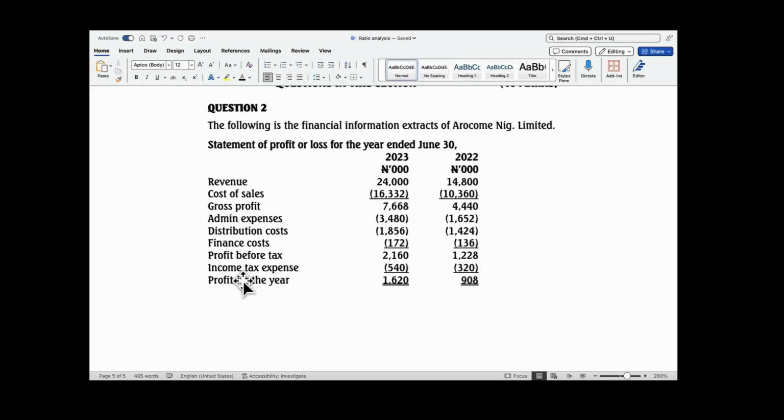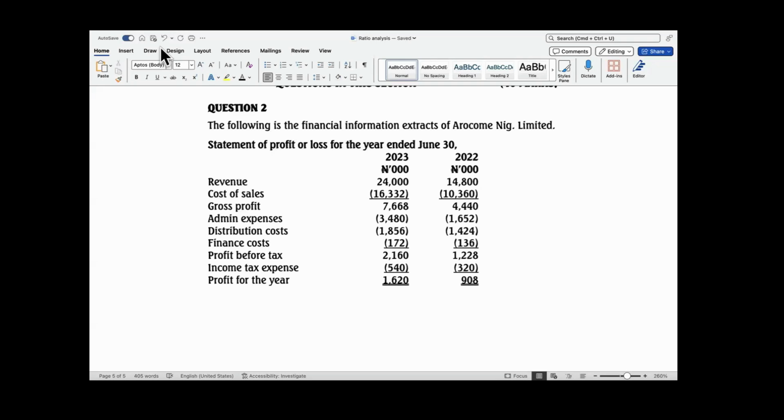And the last line item here, which is their profit for the year. If I do again 1620 minus 908 divided by 908, you would see a 78% increase in their profits.